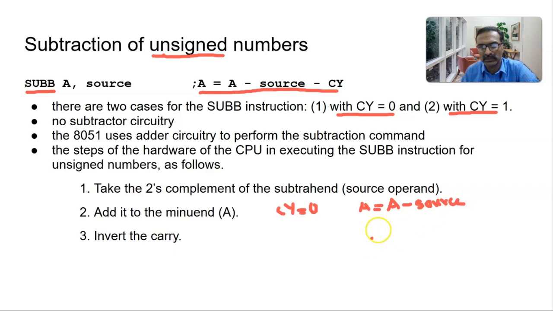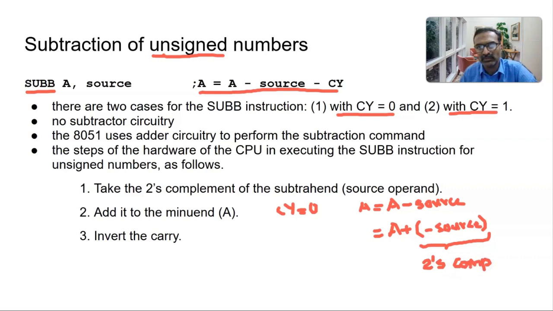So what it will do is, it will do A plus minus source. That is, the second operand will be represented as a negative number. Negative number is always represented by the 2's complement. So the second number which is in the source, it will take the 2's complement of it and add it with A. So this is how you are going to do the subtraction.